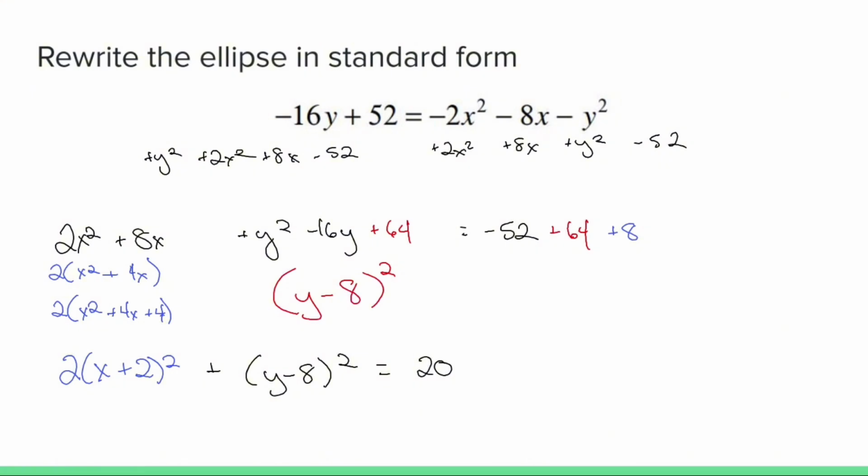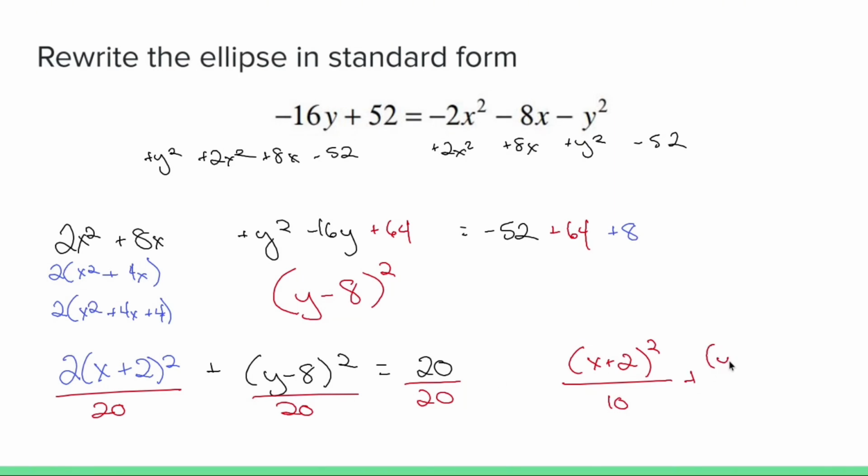So the last step that I'm going to take is divide everything by that 20 so that it is equal to 1. 2 over 20 is 1 over 10, so the left part becomes x plus 2 squared over 10. This guy doesn't change, plus y minus 8 squared over 20 equals 1. Definitely not the prettiest process in the world. Not at all, not even close.